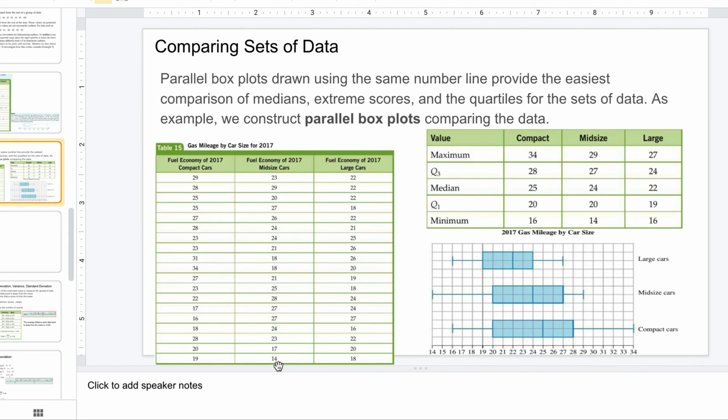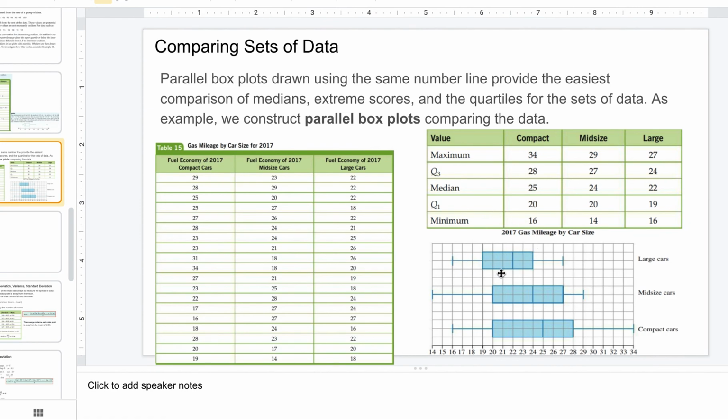Then you can make a table like this. For each of these, compact, medium-sized and large cars, you can have a 5 number summary: maximum, Q3, median, Q1, minimum.